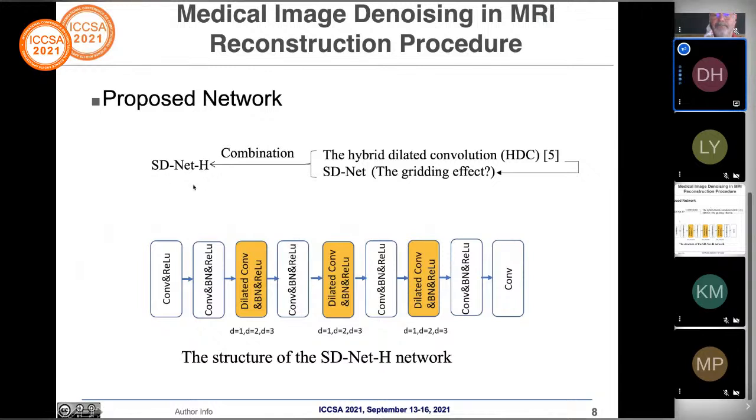So this is the LDNet H. HDC is the method used to solve the gridding problem. A certain number of layers are put into a group, as you can see here, and each group uses continuously increasing dilation rates from 1 to 3 to obtain information from a wide range of pixels to avoid the gridding effect. The lower-powered points are also introduced in this technique.